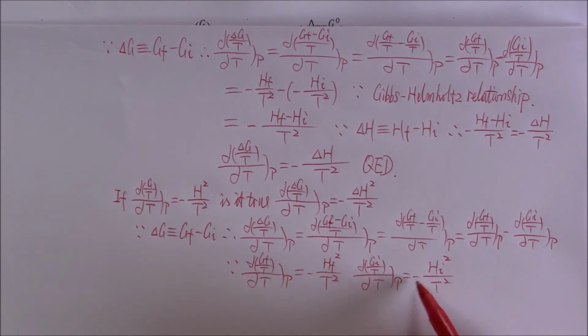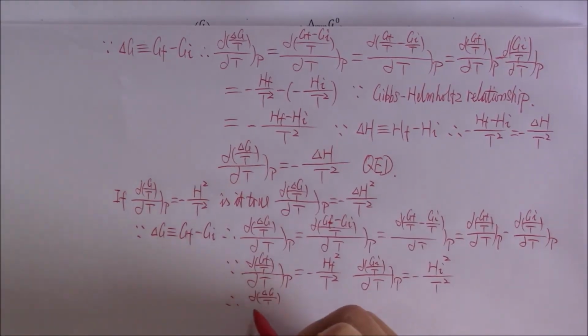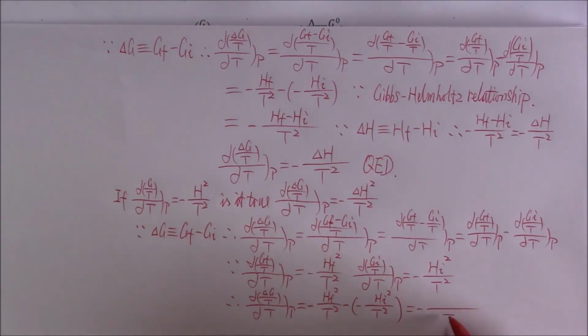We can use negative H_I squared over T squared to replace the second derivative. These two terms have the common denominator. Then let's combine them together. Apparently, H_F squared minus H_I squared is not equal to delta H squared.